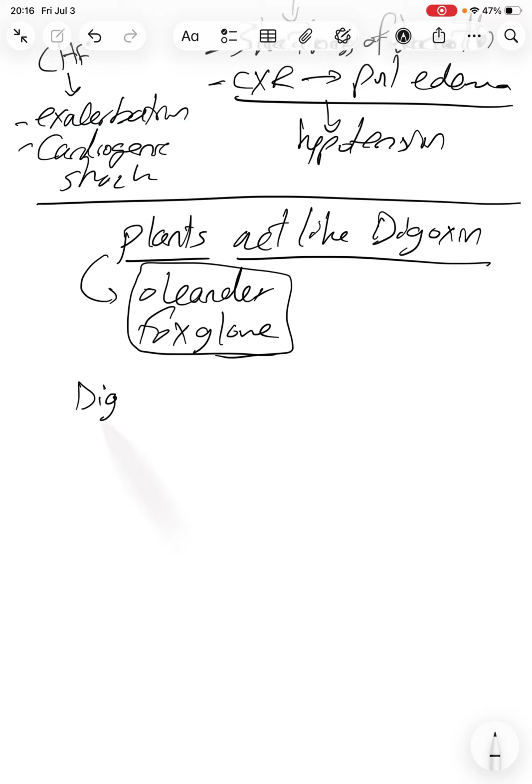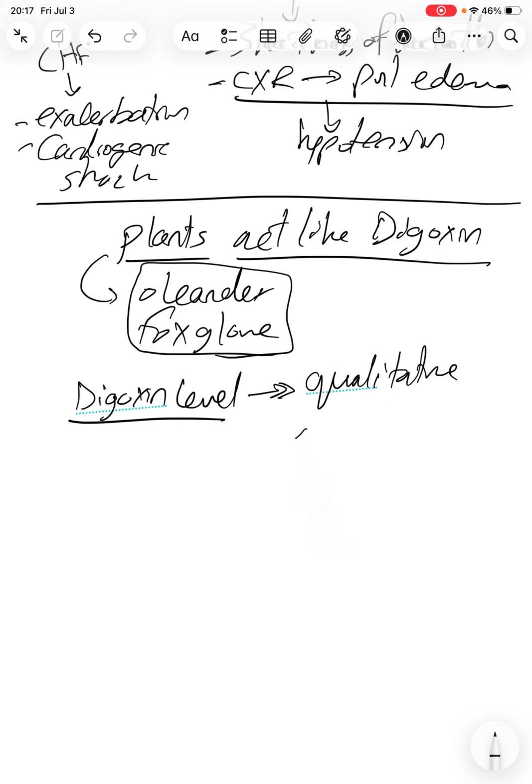When you get a digoxin level in these plant toxicities, we use the digoxin level as qualitative, not quantitative. So don't trust the number of the digoxin level, because these chemicals are not digoxin, they are digoxin-like chemicals. It will give you a number, but it's not accurate.